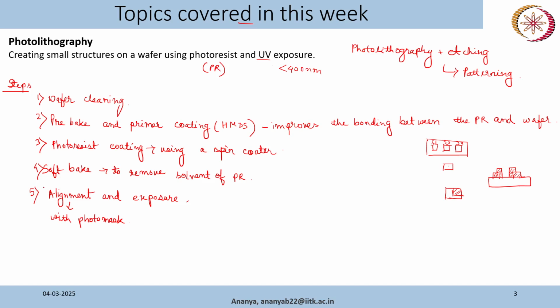But generally in photolithography machines, these two parts are integrated, so the alignment is also integrated along with the UV source and other exposure hardware that is required, because we can use the lithography process for multi-step lithography, multiple lithos, as well as we may have a big mask where many of these designs are present, and at a time we want to do lithography on a small wafer, or only one design from all the designs in the photomask.